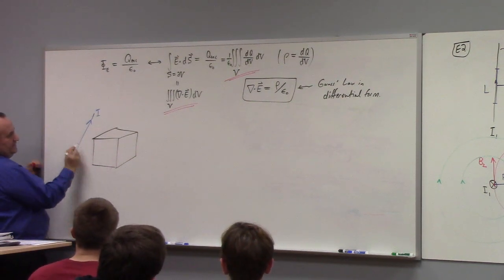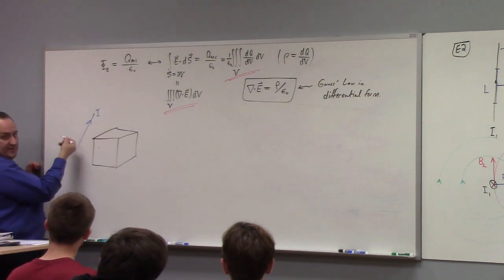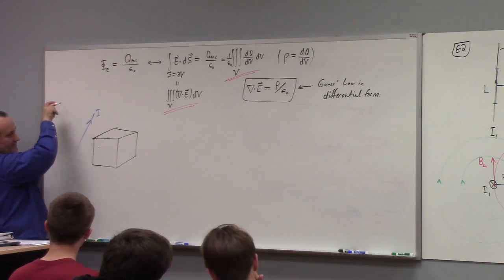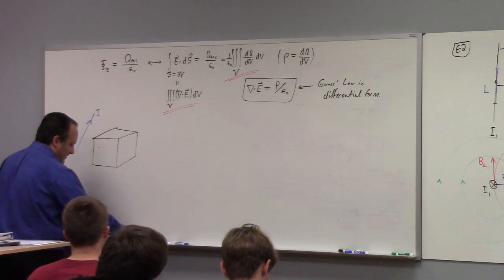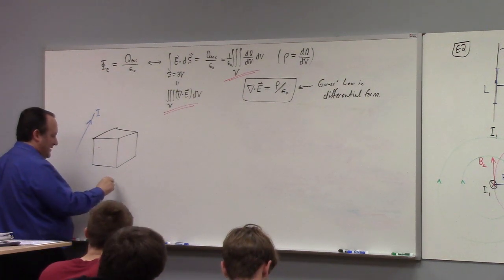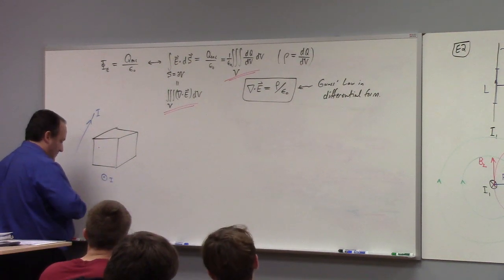Think about it. It comes in here, and it goes out the other side. In and out. In and out. If I imagined another magnetic field like right here, it's easier to picture, coming out at us, my field lines.